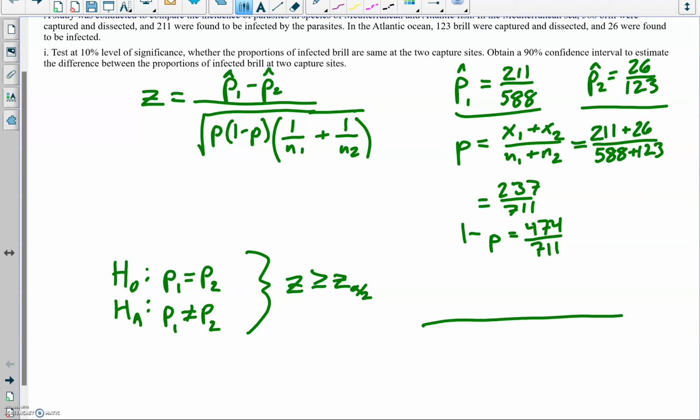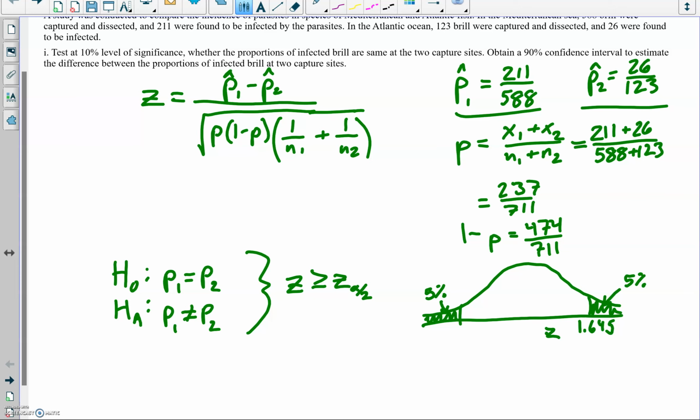But in a picture, what we're looking at with this normal curve for the 10% level, and since we're looking at not equal, this is actually a two-tailed test as they call it. So we split that 10% to be 5% on either side. And the cutoff in the standard normal table for this 5%, on the positive side, you have 1.645 for the Z value.